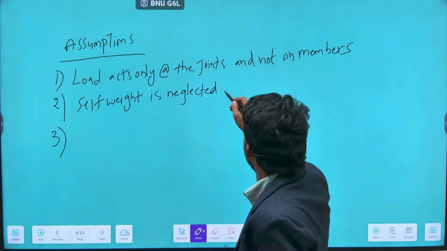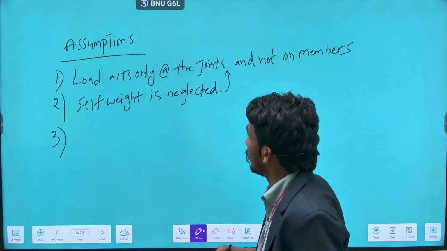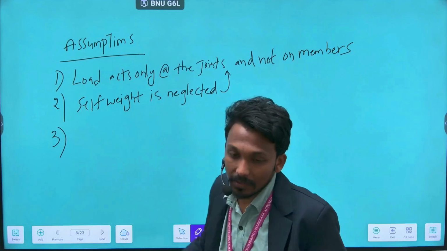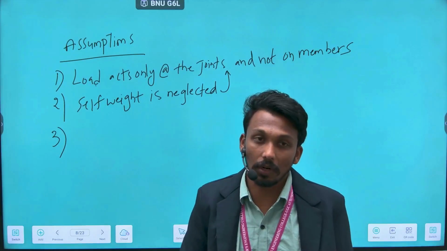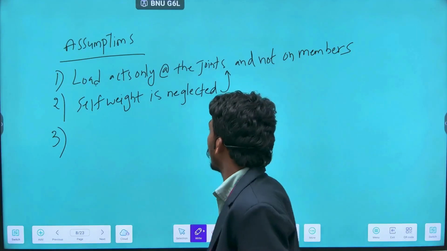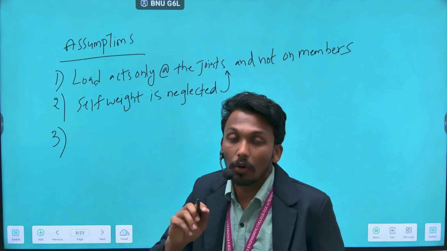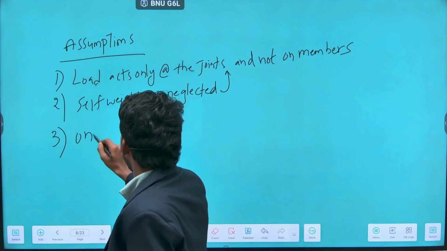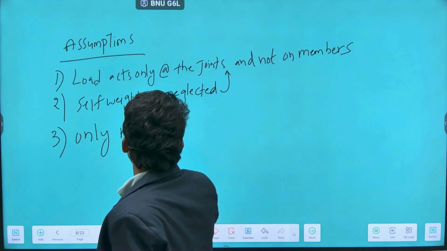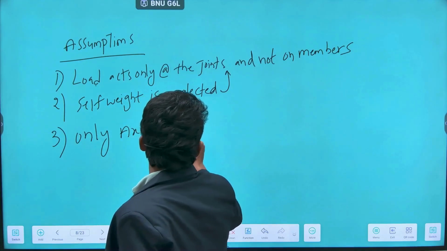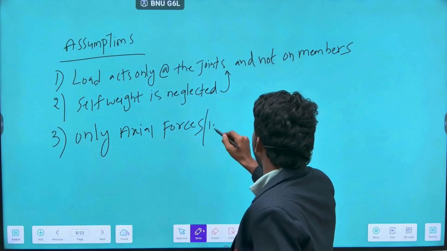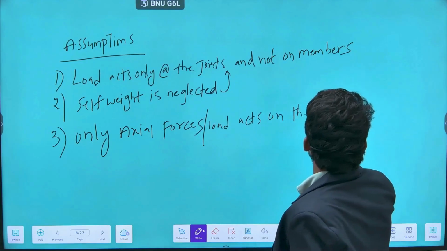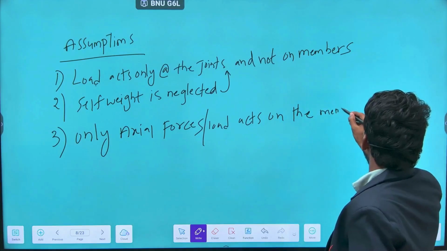So self weight is neglected and load acts only at the joints, meaning there is no transverse load acting on the members, which results in no shear force and no bending moment, and hence only axial forces or axial load acts on the members of the truss.